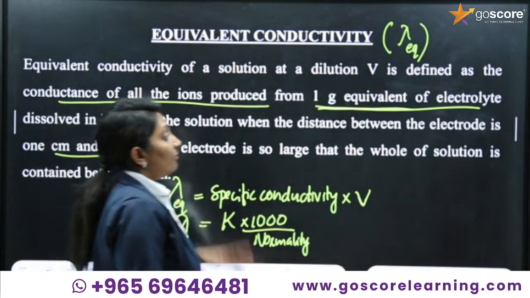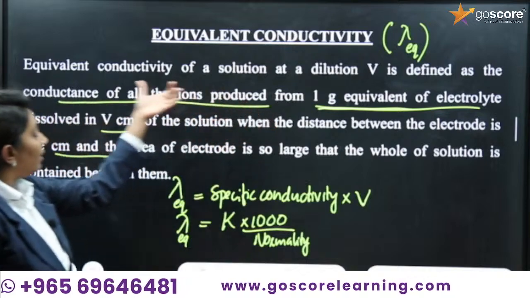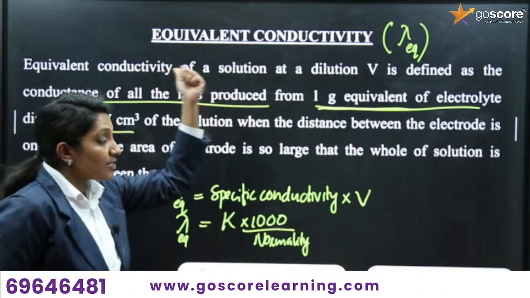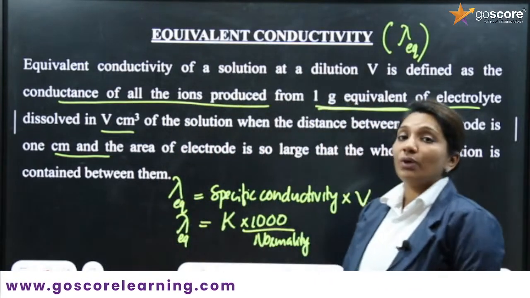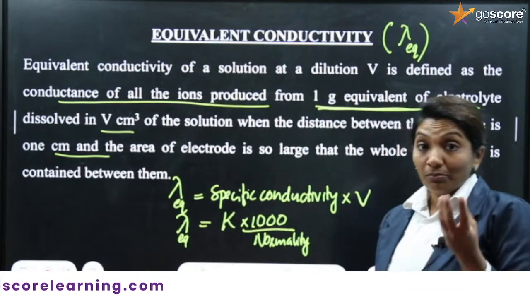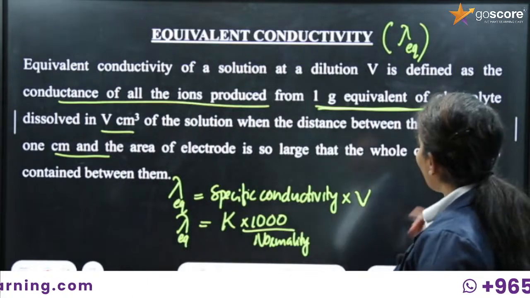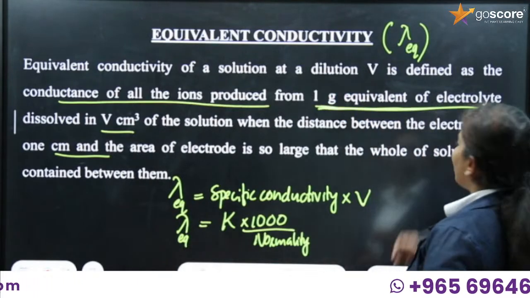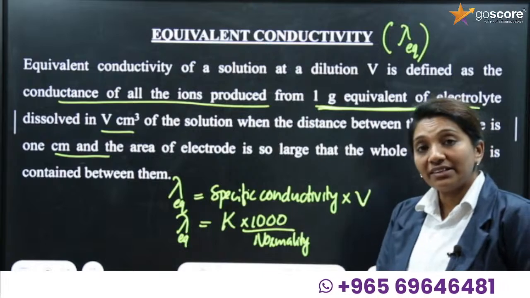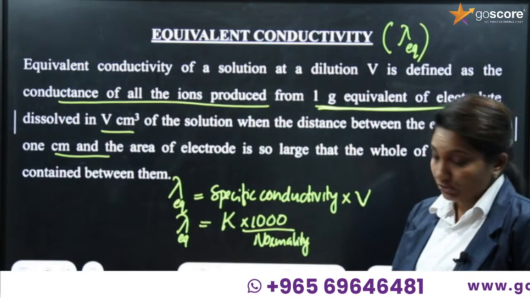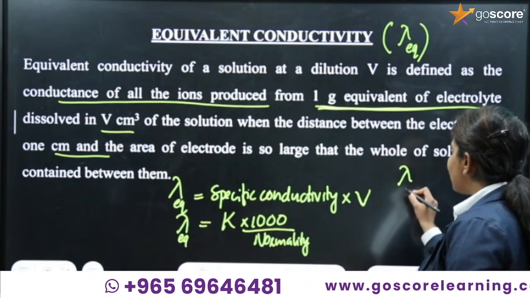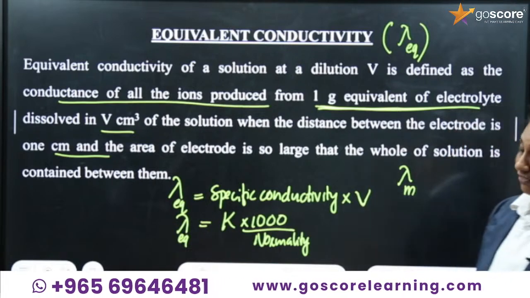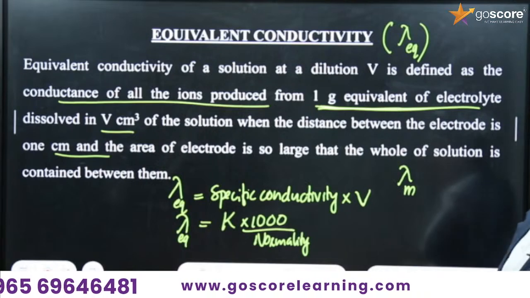Same way, here we have mentioned the conductance of all ions produced from 1 gram equivalent. Instead of 1 gram equivalent of electrolyte, if you are considering 1 mole of electrolyte, then the equivalent conductivity is renamed as molar conductivity, which we represent with lambda m.